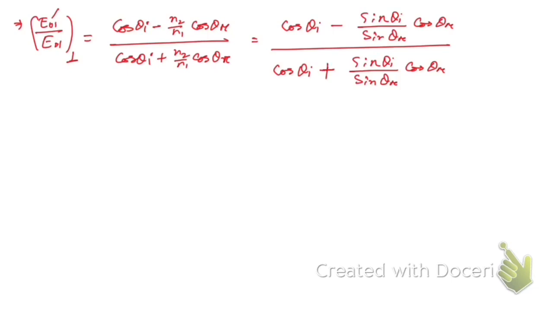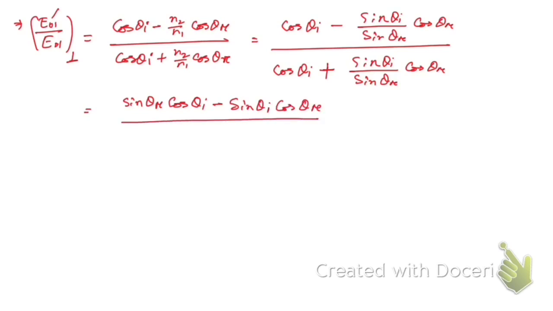Then again, if you simplify this by multiplying both the numerator and denominator by sine theta r, you're gonna have sine theta r cos theta I minus sine theta I cos theta r, divided by the same in the denominator but with the positive sign.